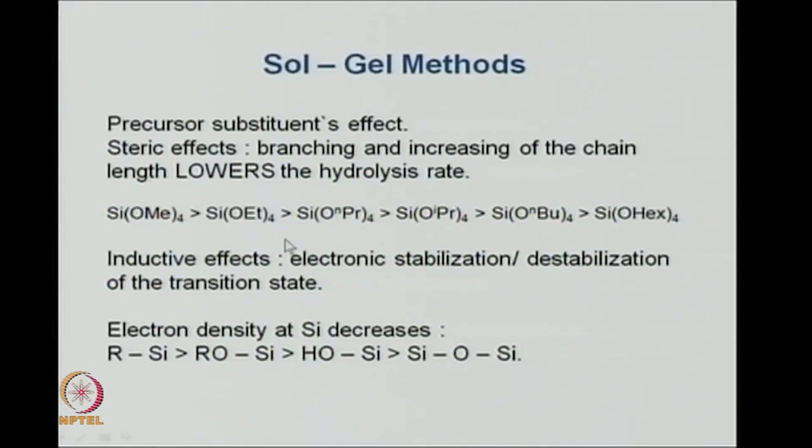Then electron density will affect what is the electron density on the silicon, and this electron density is related to the electron donating power of the alkyl groups or the alkoxy groups, and since alkyl groups have high electron density donating capacity, electron density will be very high here, and electron density will be very low there.